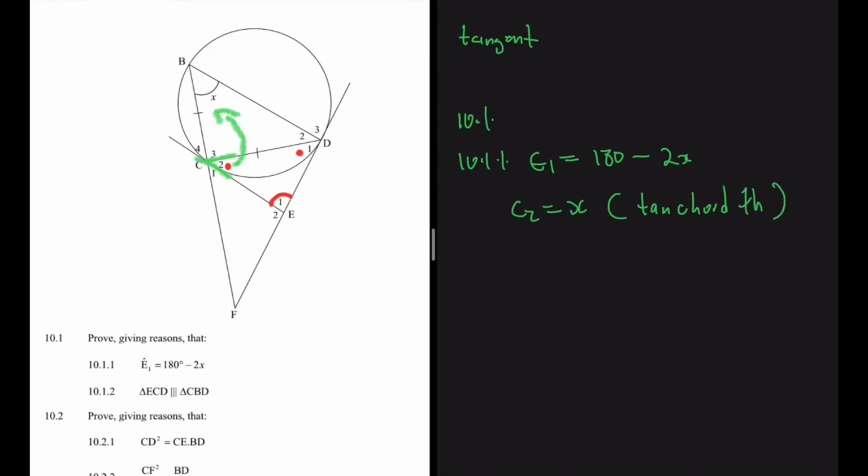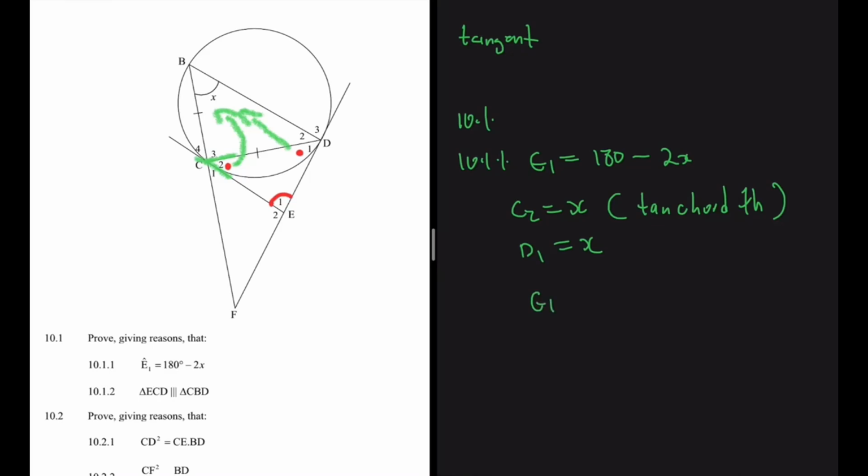We only have tangent, so all the questions we have to answer based on the tan-chord theorem. At the same time, D1 is also equal to B, because D1 is between tangent DE and chord CD, and chord CD subtends angle B, which is x. So D1 is also equal to x.